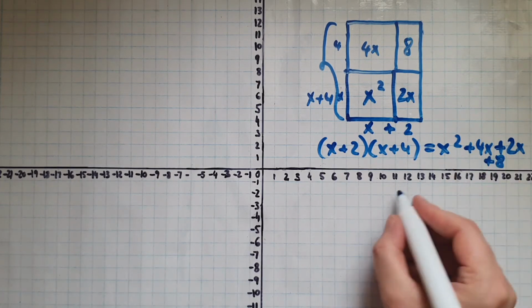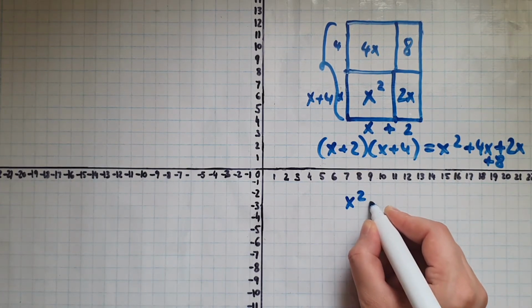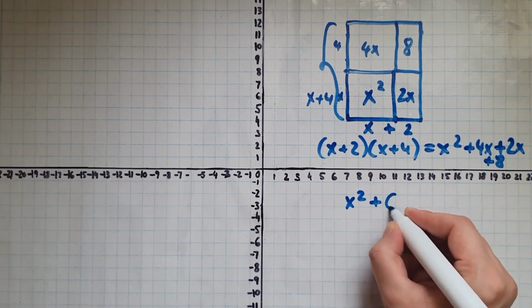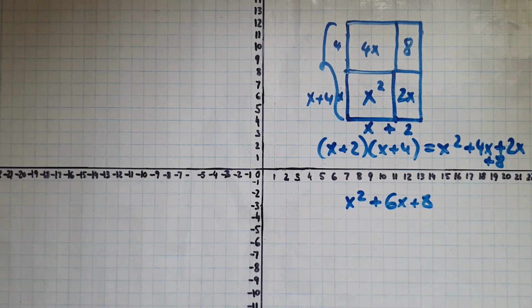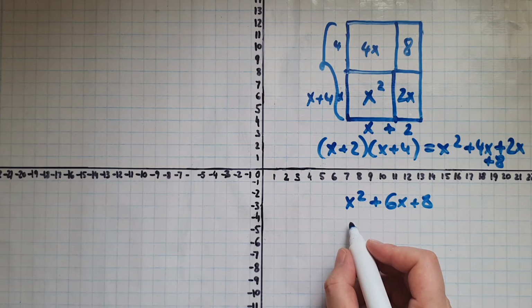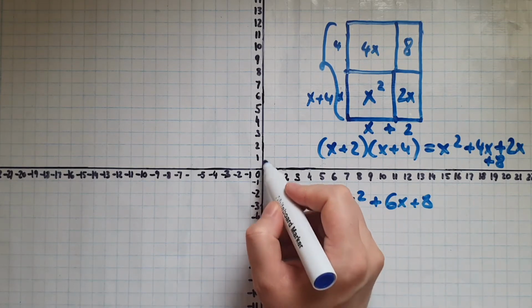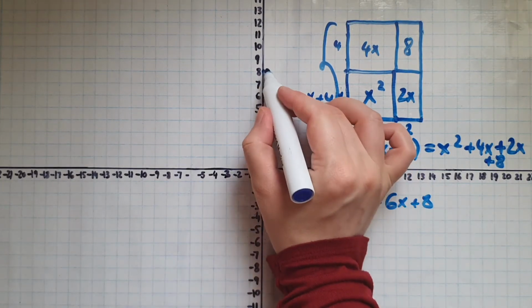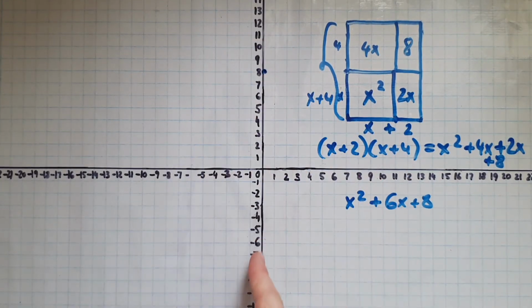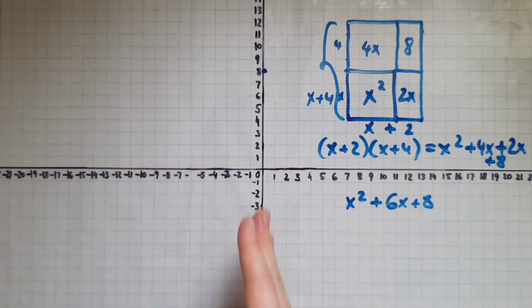So taking what we have here, x squared plus 6x plus 8, and taking some values such as when x is 0, when x is 1, when x is minus 1. So let's try. When x is 0, then we get 0 plus 0 plus 8. As you can see, this is the y-intercept as well, because it crosses the y-axis.